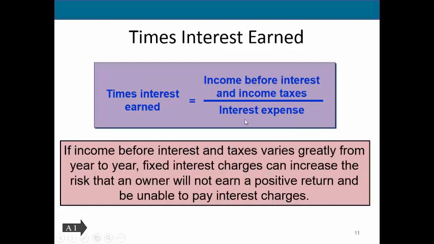So you're only looking at the income before interest and income taxes have been taken out, because that higher number in your multi-step income statement is going to be the number that is relevant to whether or not you're able to pay your interest expense. So that's our times interest earned ratio.